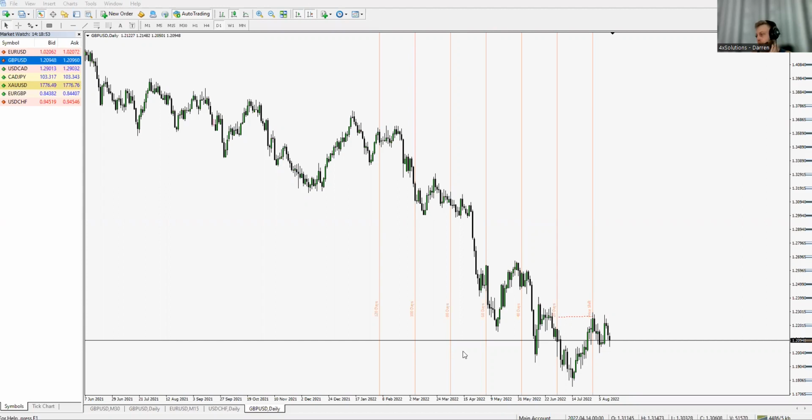So, guys, your homework is really just to practice and keep practicing what you've learned and what I've been teaching you. I could spend weeks on end with you looking at price action and doing this and that, but it really comes down to spending time on the charts and getting exposure and experience.